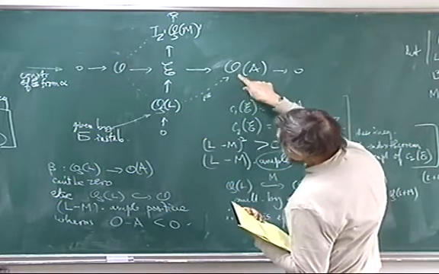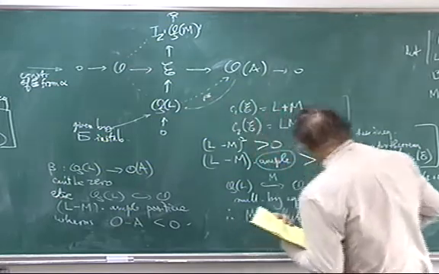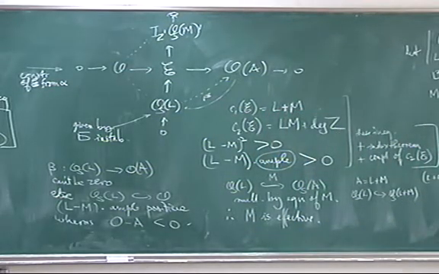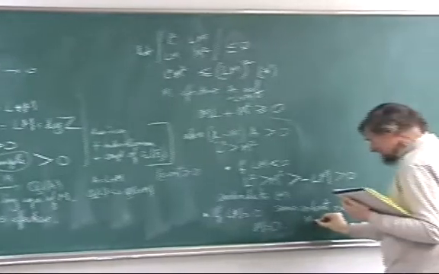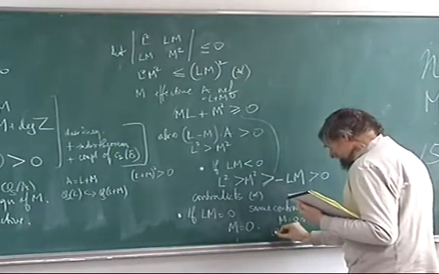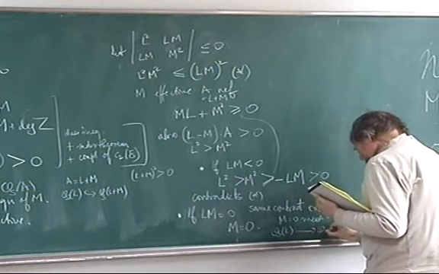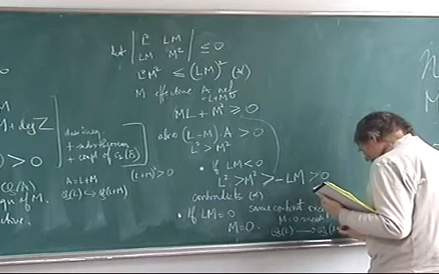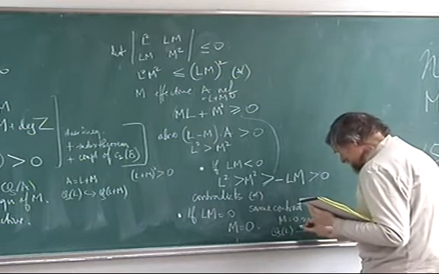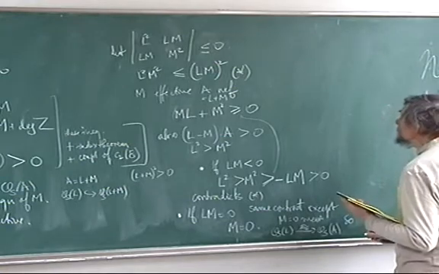But that means that this extension is split. So M equals 0 means OS of L maps to OS of M, OS of A is an isomorphism, so the sequence is split.